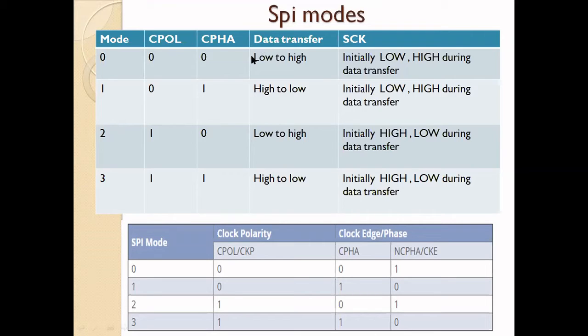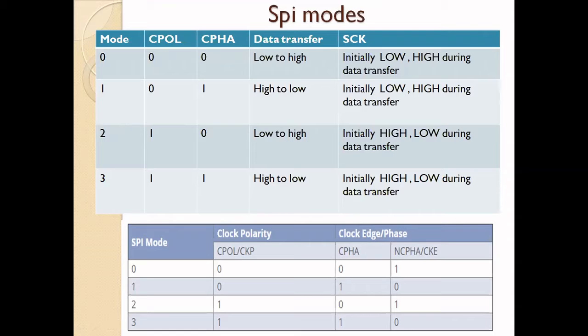So what is meant by mode 0? Low to high. If you take a clock signal, initially it will be low, next it will be high, next it will become low again. Low to high is called a rising edge. So in mode 0, data transfer takes place on every rising edge.